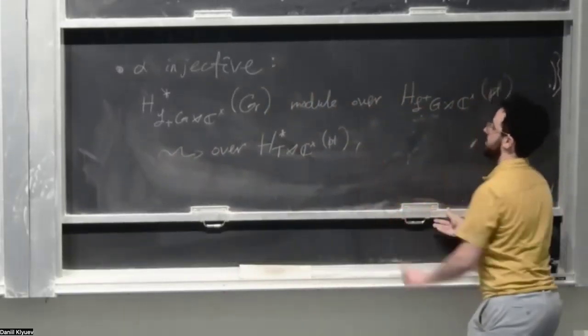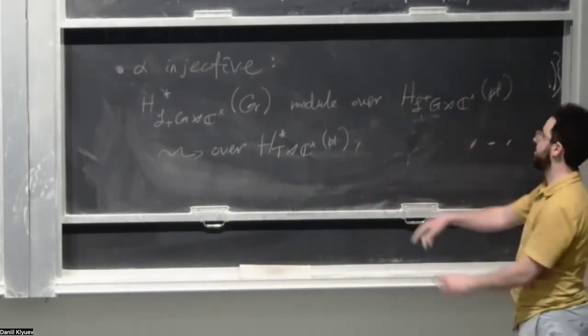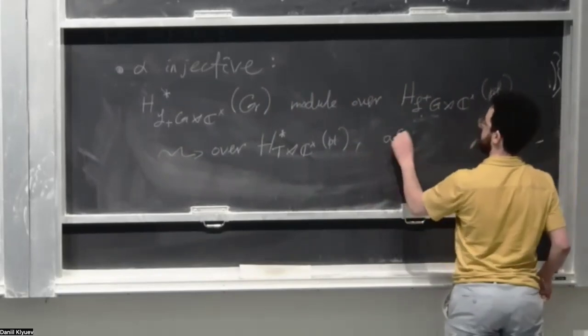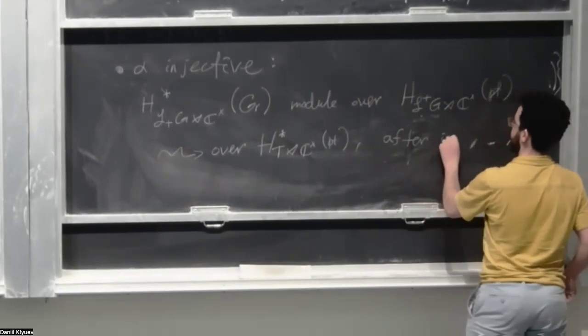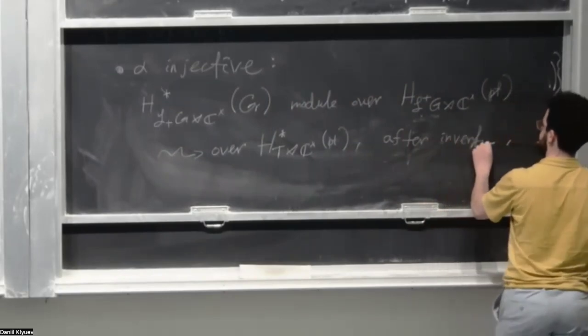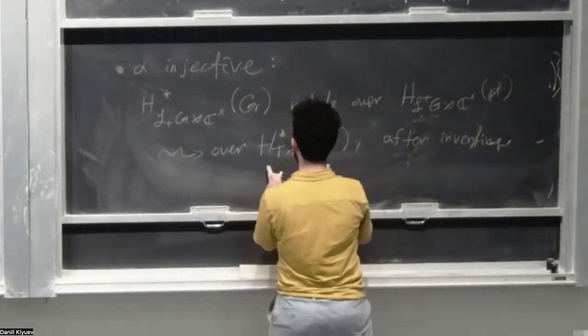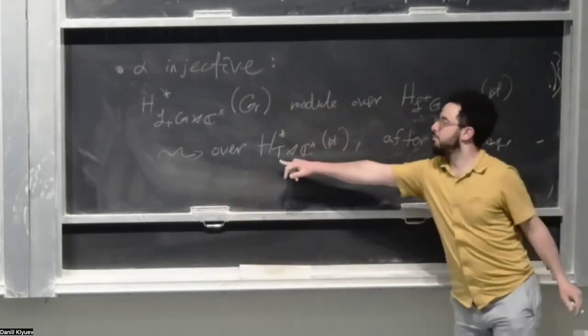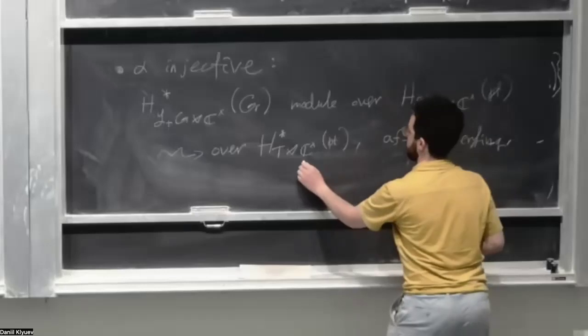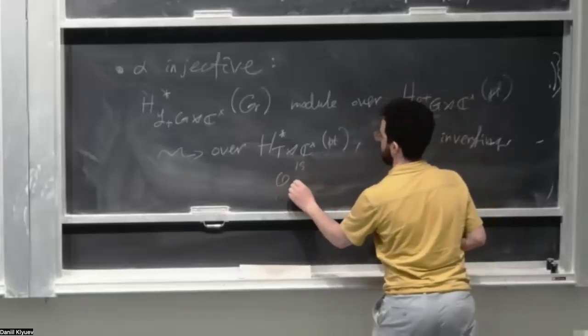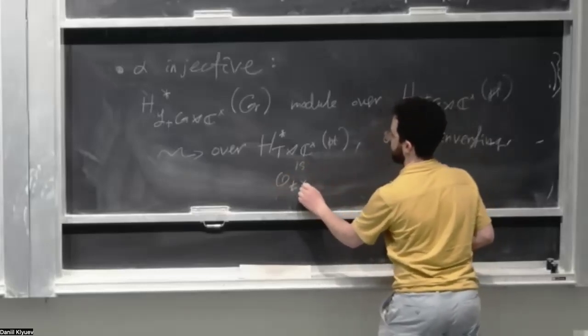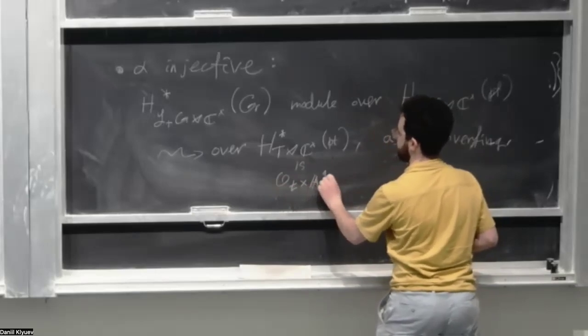And the statement is that after inverting this ring, so everything is a module over that, which I'll remind you, this is just O of T times A1.